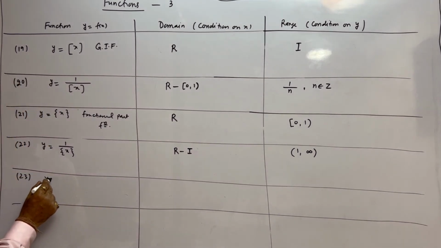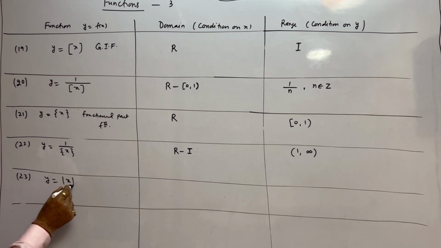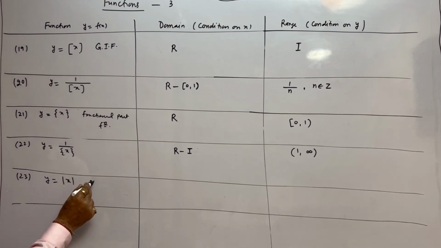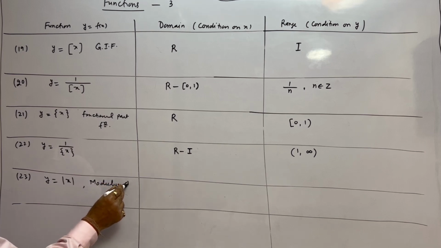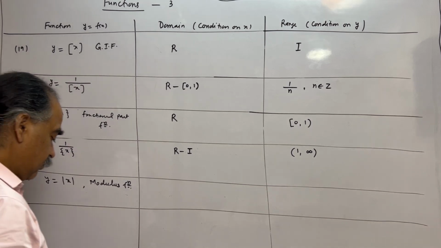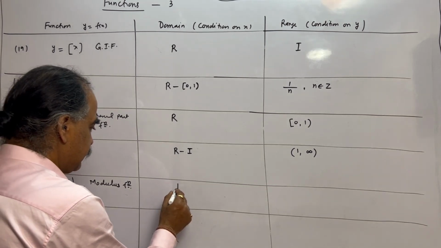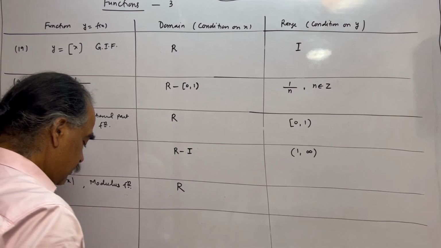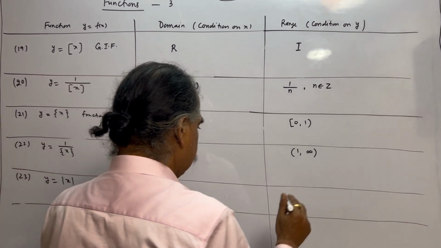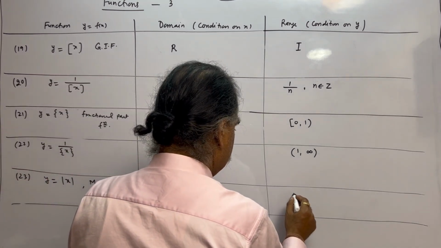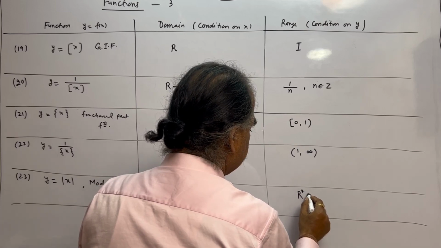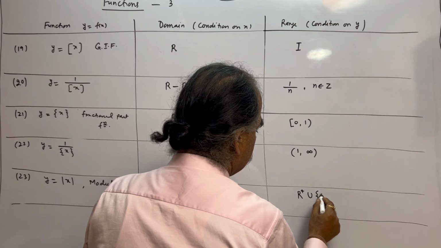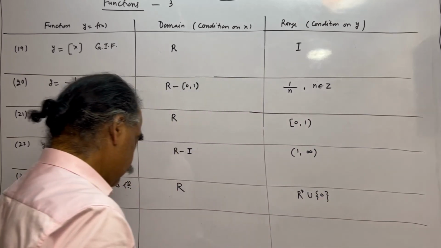Next is modulus x. Its domain is what? Entire real line. But range is what? It will be positive real numbers including 0.